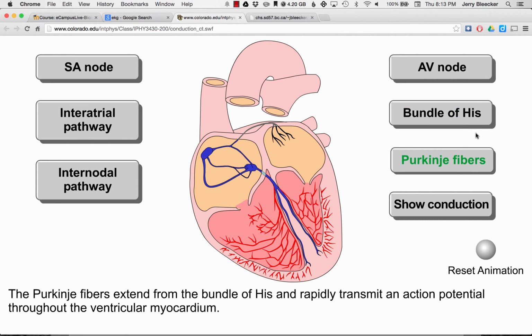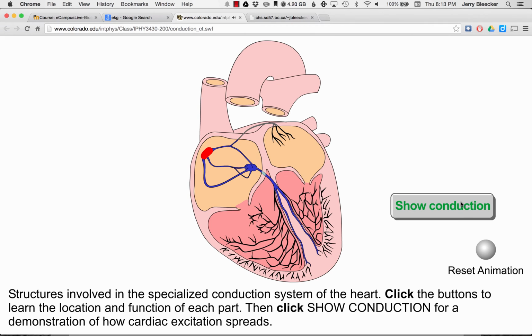Now let's see what this looks like. Here's conduction. Again, there's your SA node. And you can see now that the atria are going to fire. That atrial pathway's been activated. And blood will surge down into your ventricles.